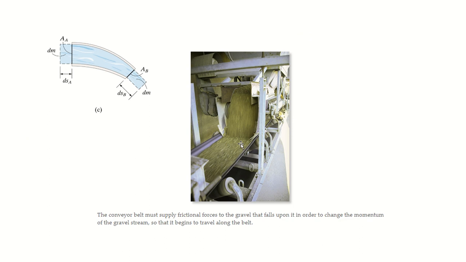So flow here, outside real life, this is just your conveyor. Something is moving. We're transporting some material on this conveyor belt, going with some frictional force, of course, and we want this material to travel on the conveyor belt.